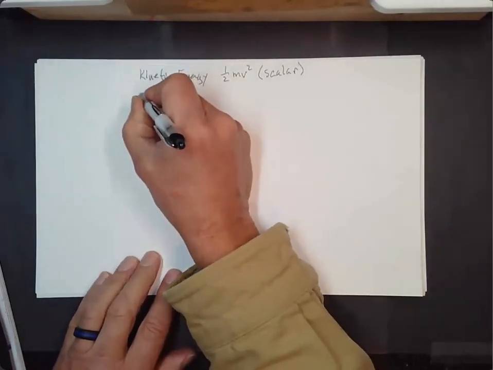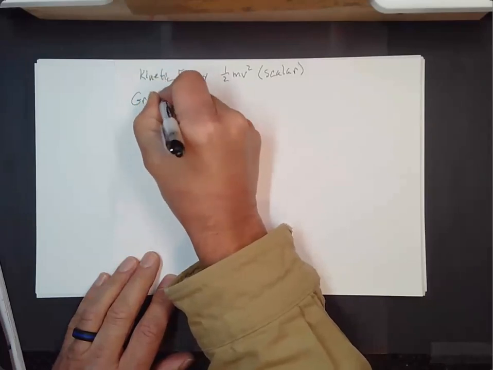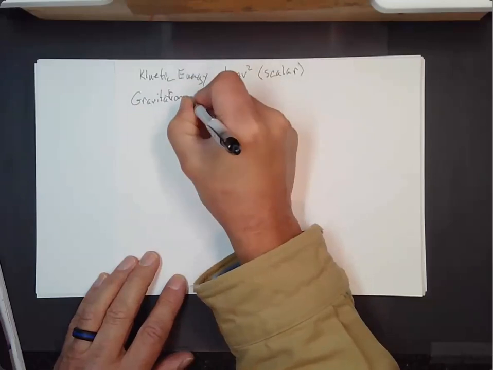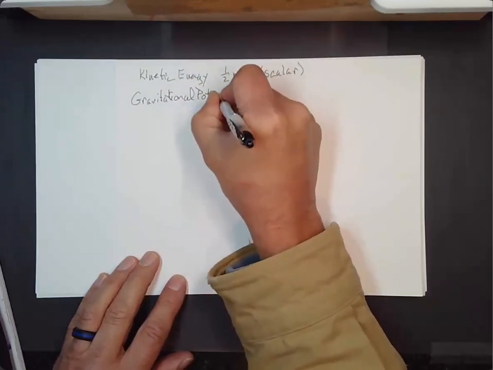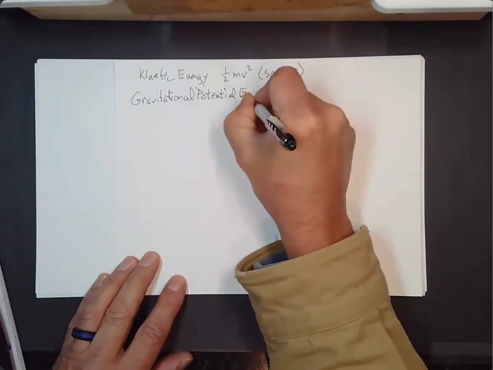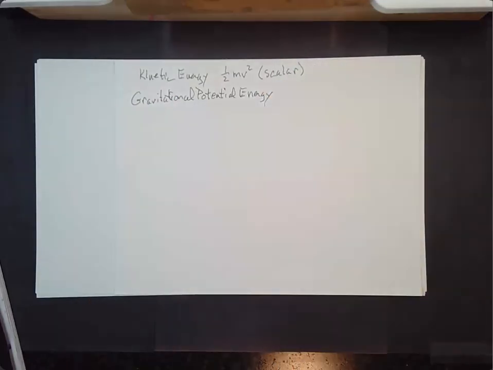Another kind of energy that we're going to use is gravitational potential energy. For this quarter, we're going to stay close to the surface of the Earth.